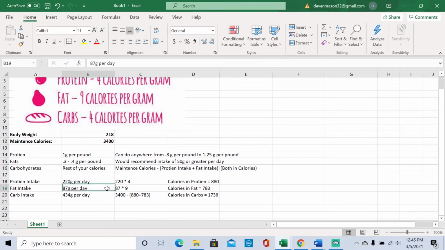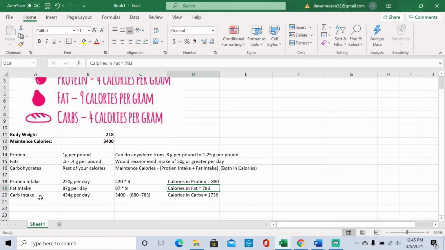I do like to have a bit more fat than that 50 grams or greater that I would recommend. And ultimately, I will keep my fat towards that 60 number, even when I do start to diet down and cut my calories. So now calculating that out, 87 times 9 comes out to 783 calories in fat per day.